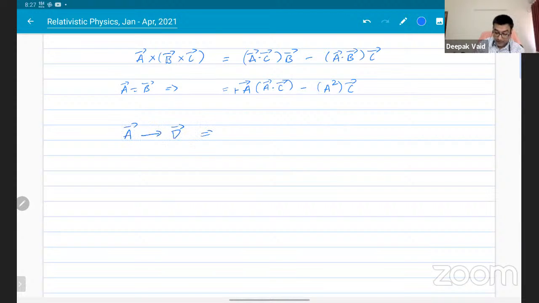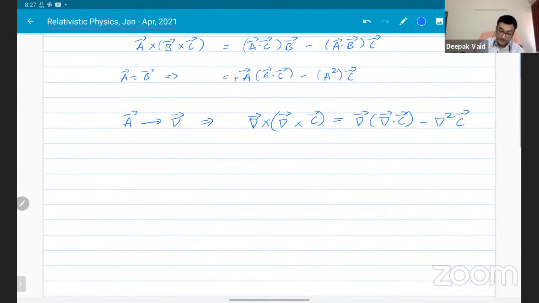So if you replace A by the gradient, this means that you get curl of C is equal to the gradient of the divergence of C minus del square C.